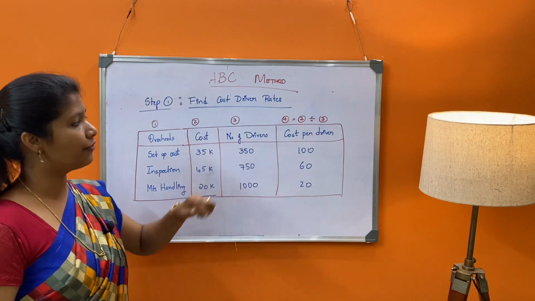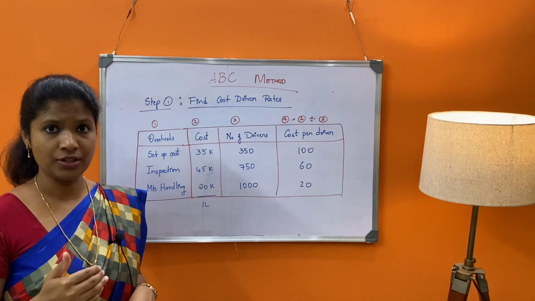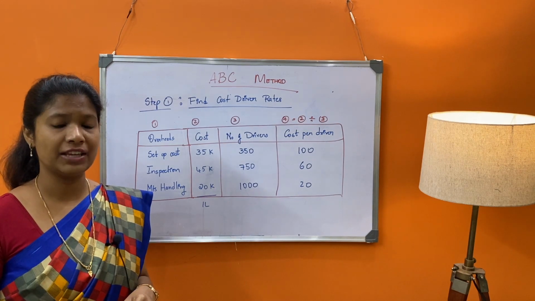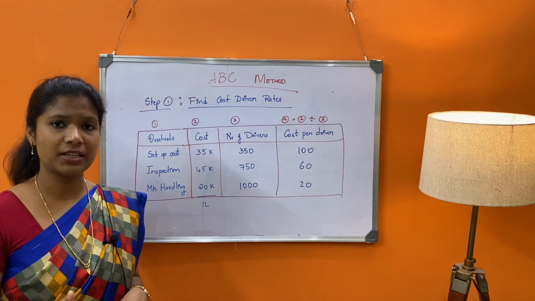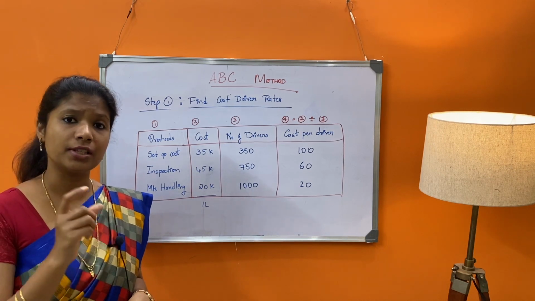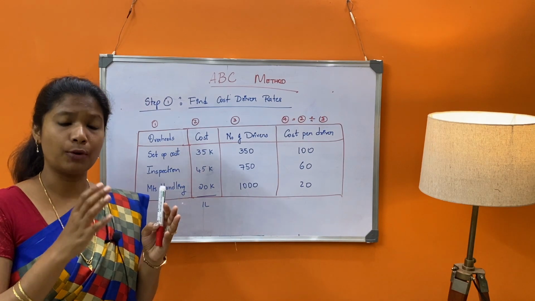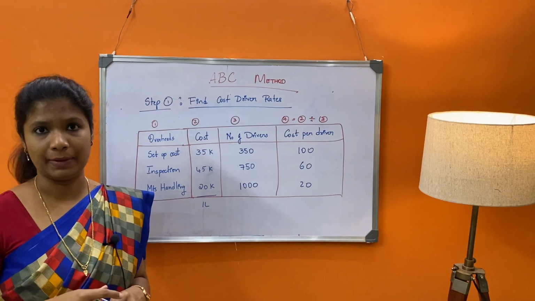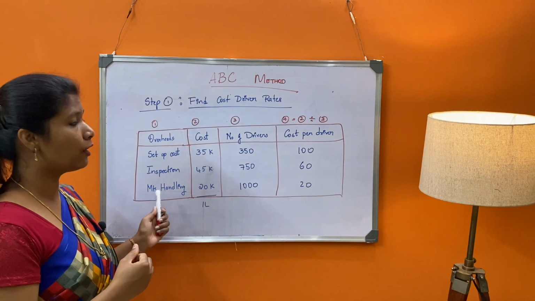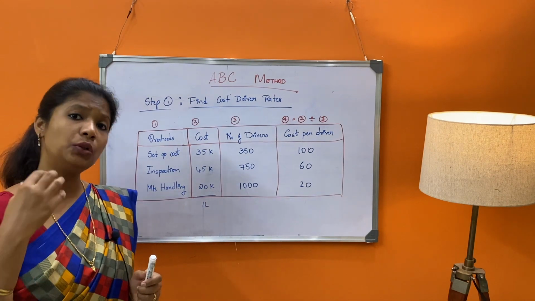Next, number of drivers. After the percentage of overheads, the last part of the question is given: how many times setups were done, how many inspections were done, how many times material or goods movement was done. They're giving you a breakup for product A as well as product B. Now here, when I'm trying to find the cost driver rate, I need the total of it.